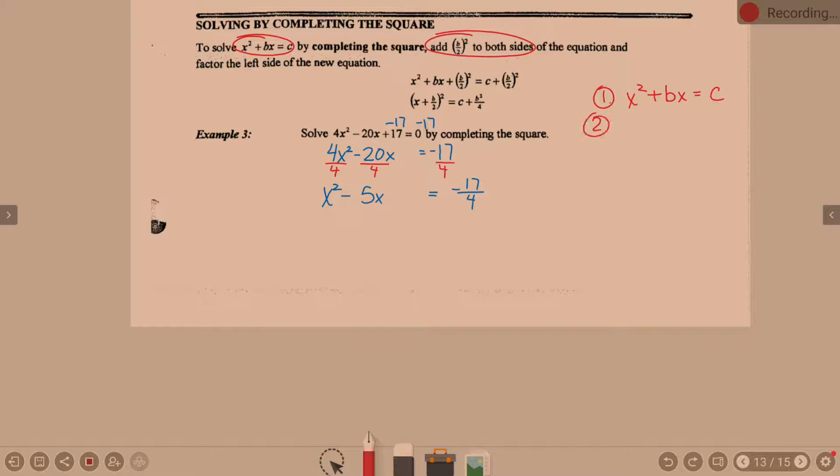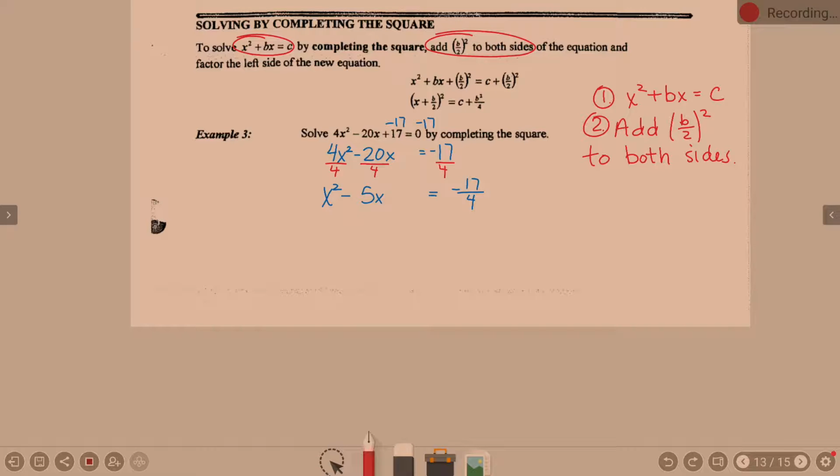is we're going to add b over 2 quantity squared to both sides of the equation. So I'm just going to write to both sides. So, get that written out and then start thinking, what is b? 5.